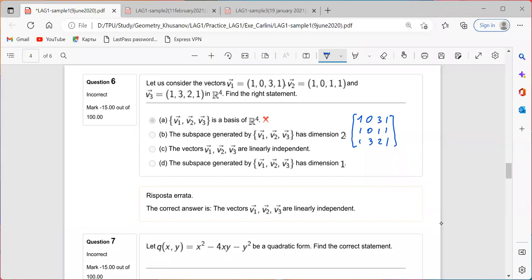We have to compute here, because B, C, and D all depend on this matrix. First row 1, 0, 3, 1, no change. Then from the second row we can subtract the first one. It will be 0, 0, minus 2, 0. From the third row we again subtract the first to get 0, 3, minus 1, 0.